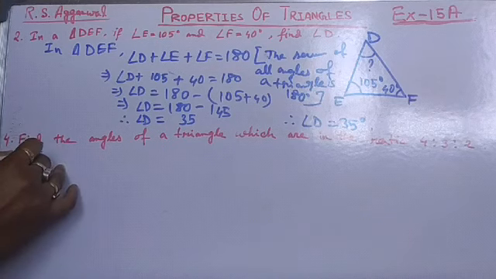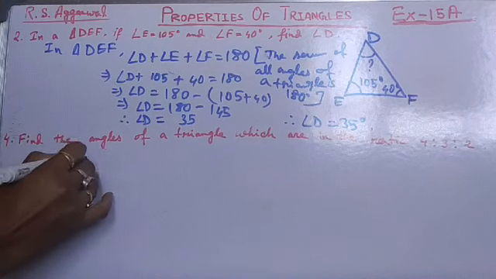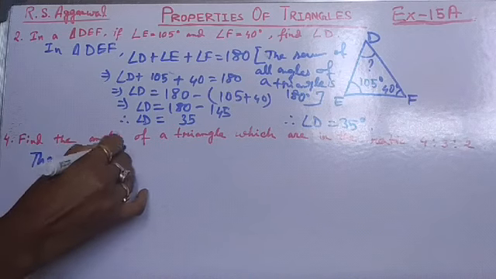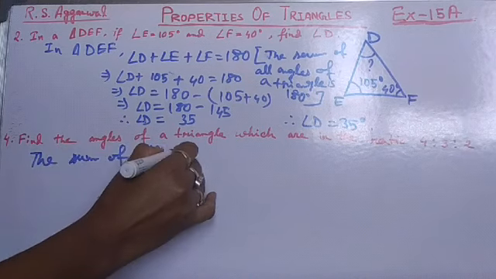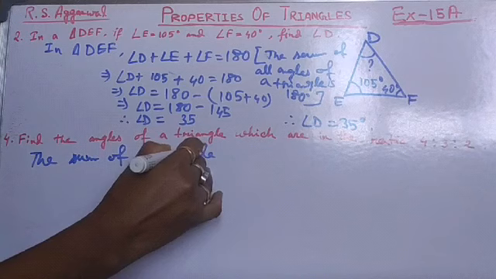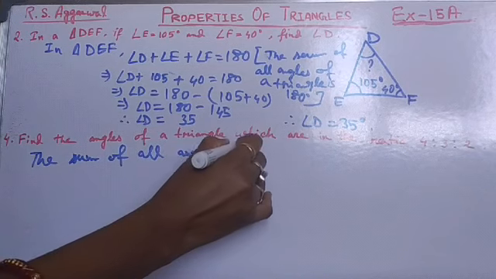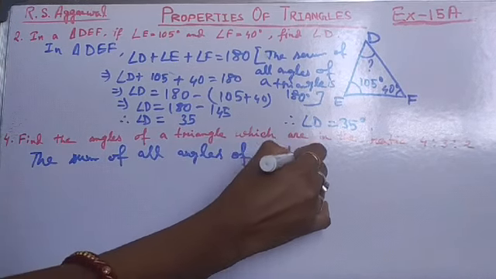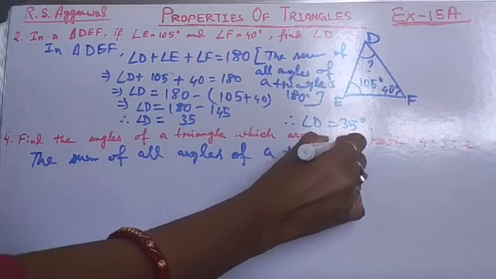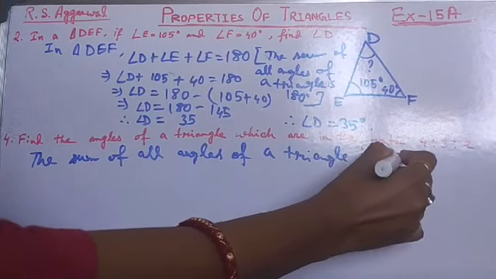That is the sum of all angles of a triangle is 180 degree.